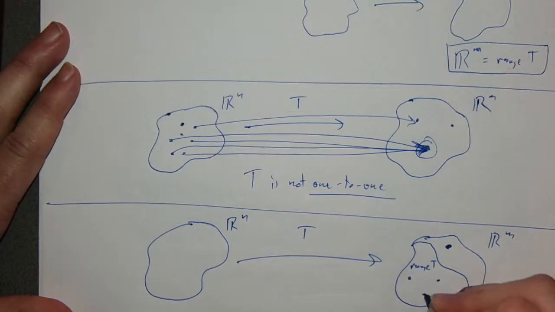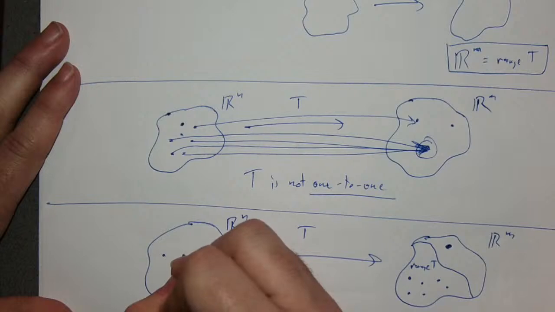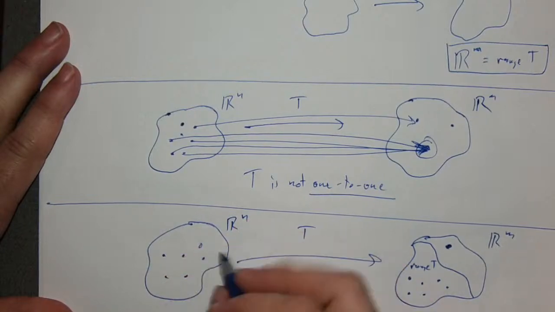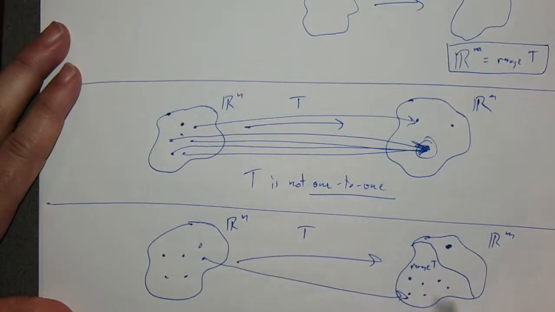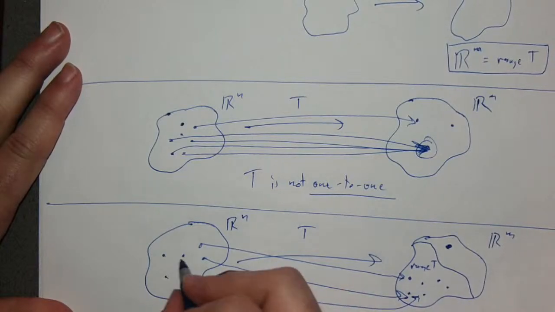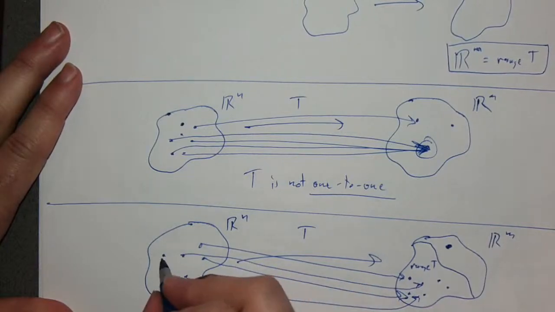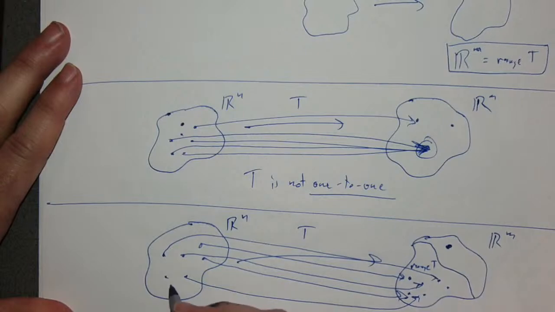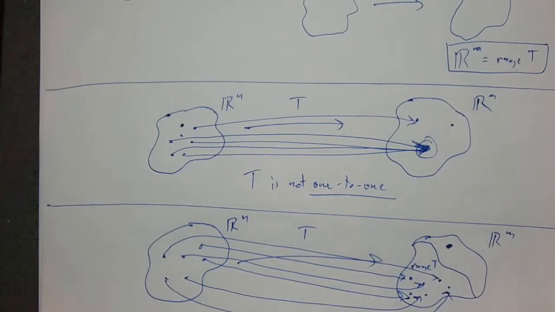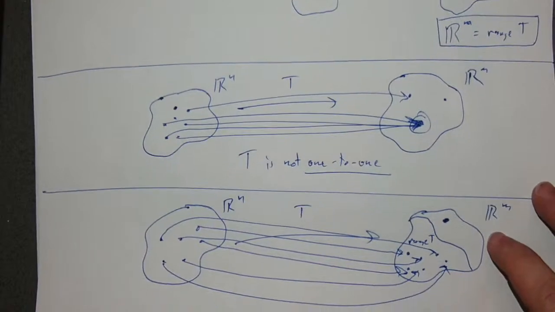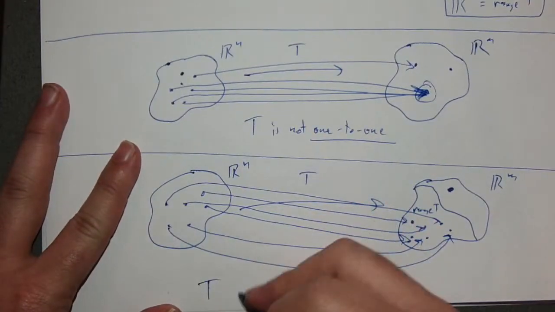But for all my points that are in the range, they all get mapped to by a single point. That's where the name 1 to 1 comes from. Okay. All right, so this T is 1 to 1.